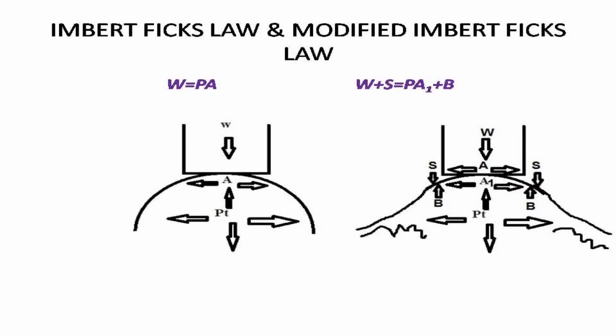This diagram illustrates the additional forces S and B coming into play in an aspheric cornea. Also, outer area A is different from inner area A1, so a modified version of Imbert-Fick's law was derived.